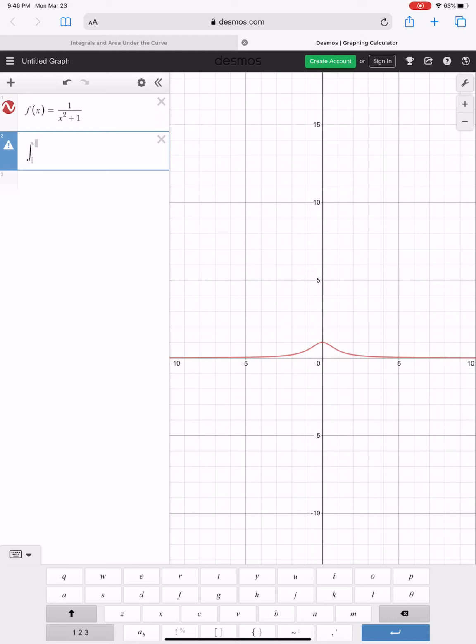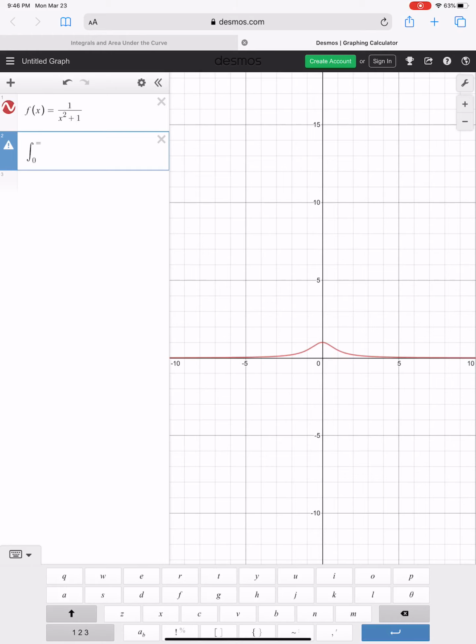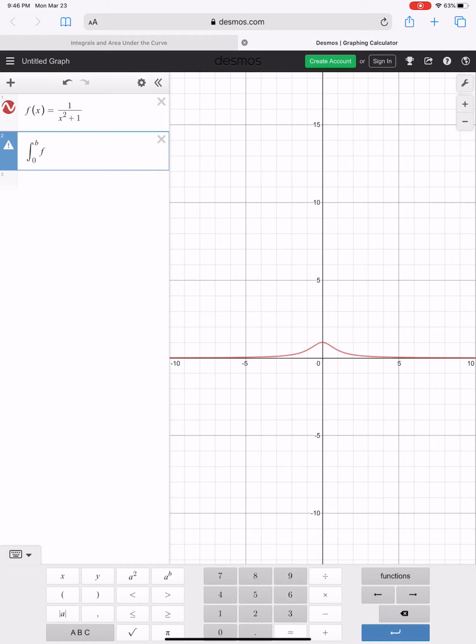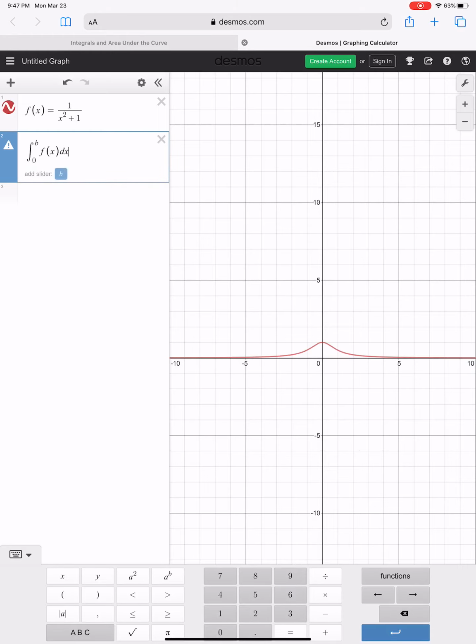What I'm going to notice here is that this function 1 over x squared plus 1 is an even function, so it's symmetric about the y-axis. So I'm going to choose to think about this integral as being split right at 0, and I'm going to integrate from 0 up to, let's call it a variable, b. So 0 to b, and we want f of x, and then we'll just type in dx here.